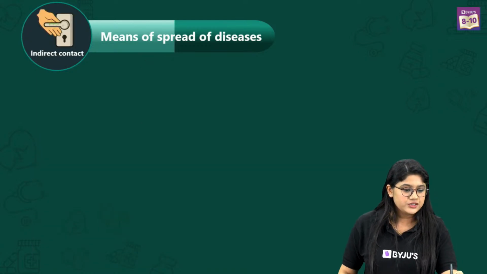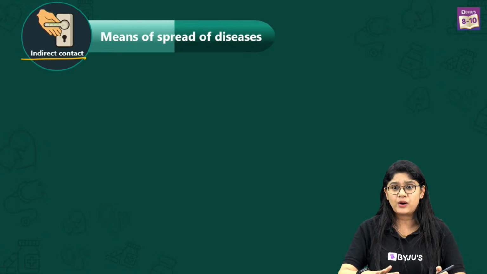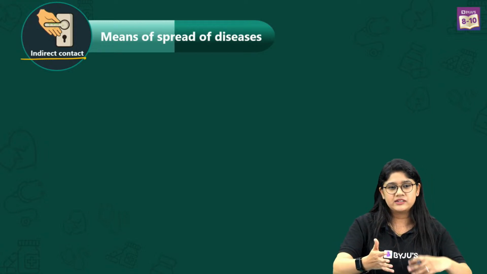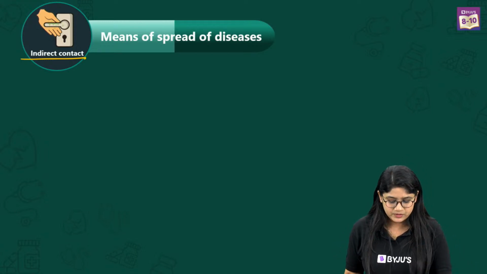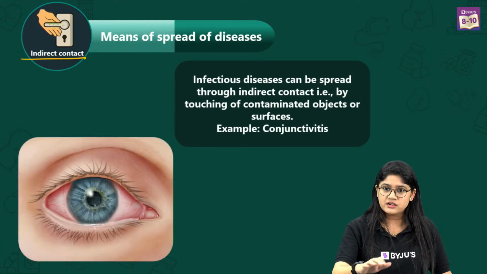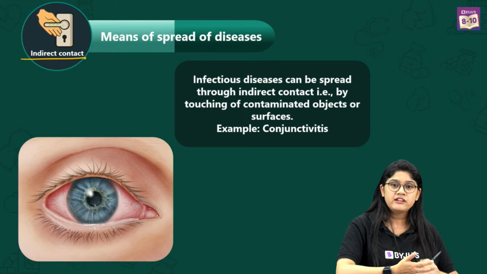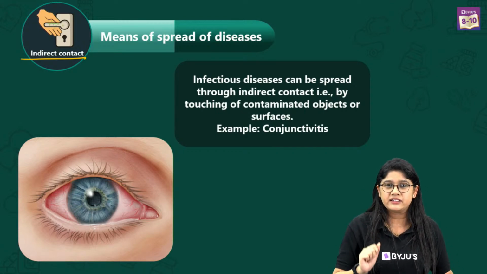Moving ahead to indirect contact. For example, this came up when we were discussing COVID-19. If a person is suffering and they touch a surface, sometimes, if they have coughed, we can easily get the pathogens.